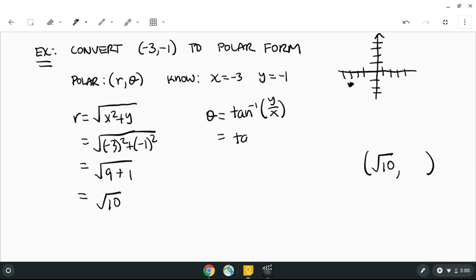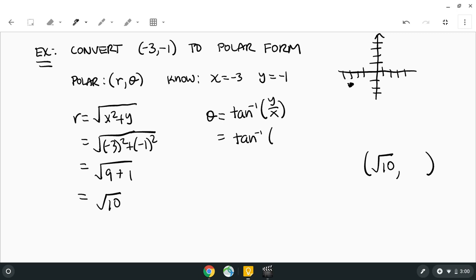So y is -1, x is -3. And when you punch this into your calculator, in degree form, you'll get 18.43 degrees.